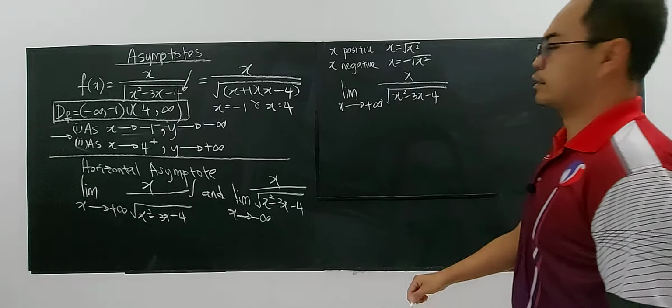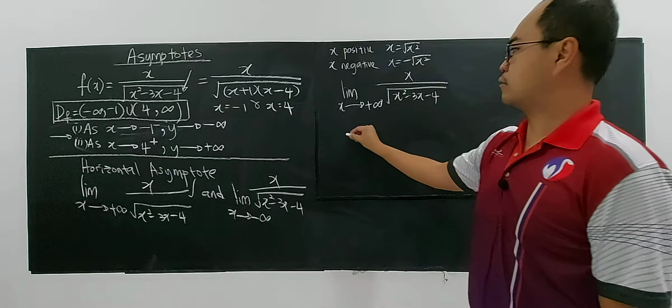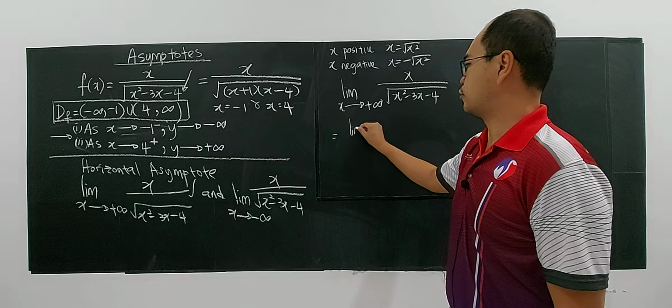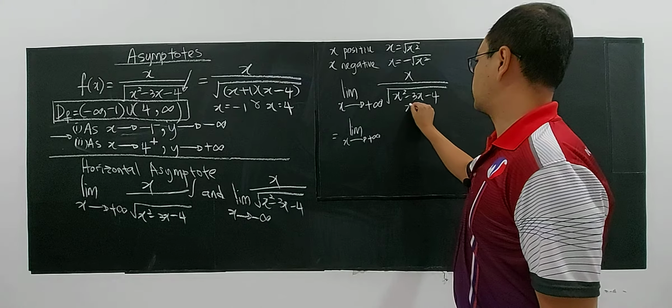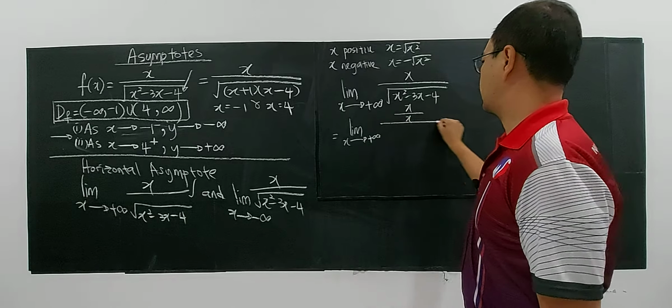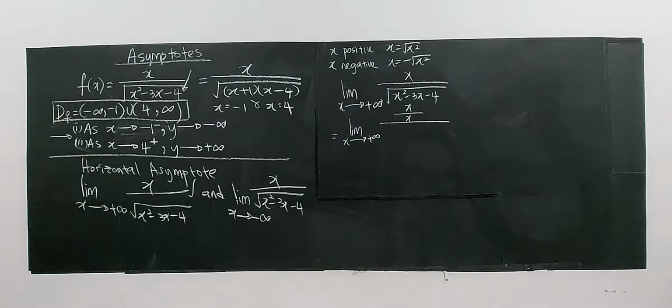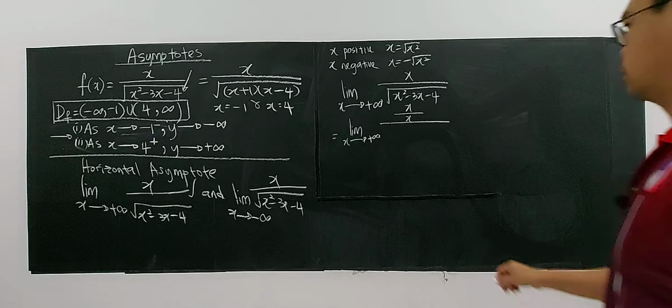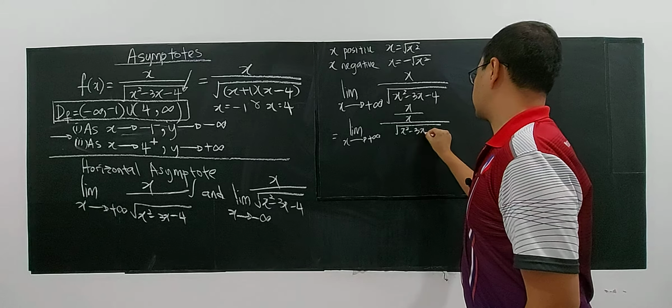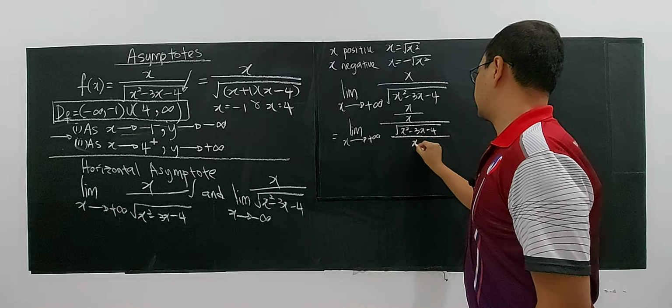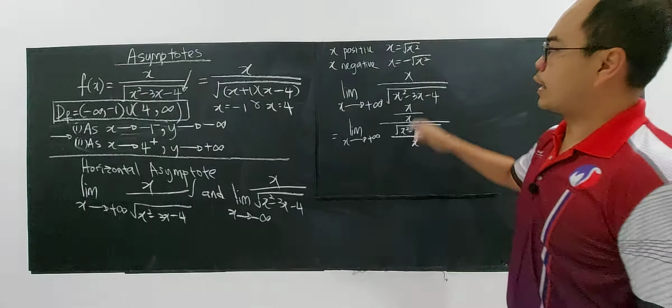x squared minus 3x minus 4. To evaluate these limits, at first you have to divide up and down by x, and divide the square root by x as well: the square root of x squared minus 3x minus 4 divided by x. Why do I want to use this concept?